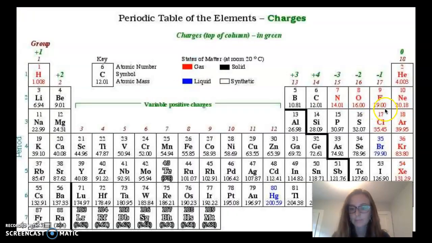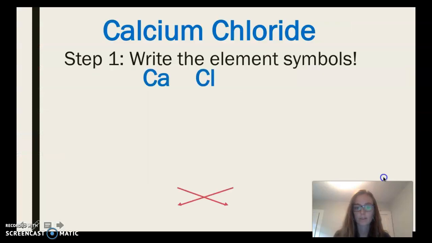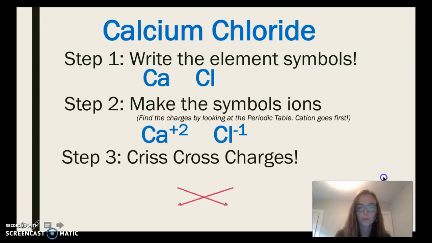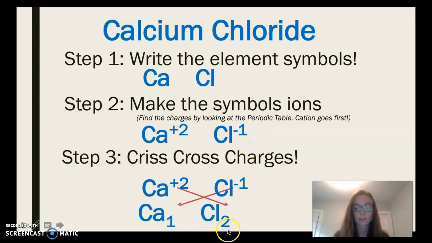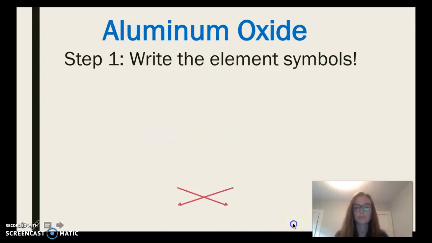Calcium has a +2 charge, and chlorine has a -1 charge. So we have Ca +2 and Cl -1. Now I just need to crisscross the charges. Therefore, I need 2 chlorines and 1 calcium, so my final answer is CaCl2. Pause the video and write these steps down.